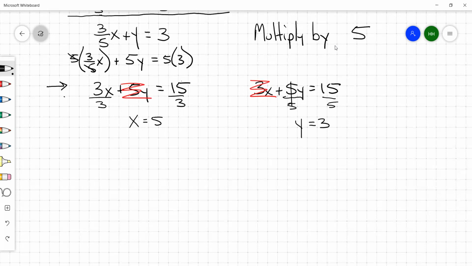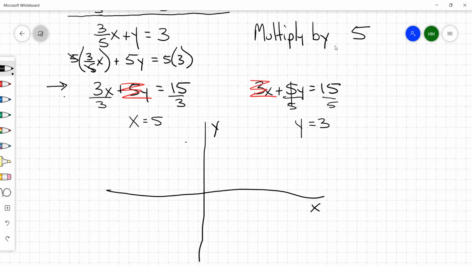And then the third part of the instructions was to graph. So if you graph this thing, x-axis, y-axis, we're going to hit x at 5. We're going to hit the y at 3.